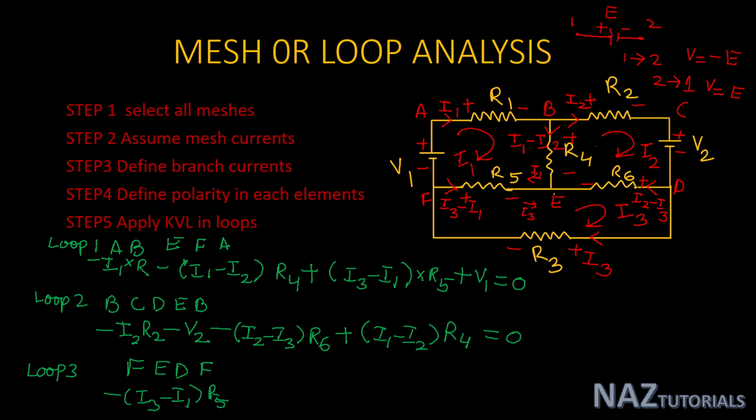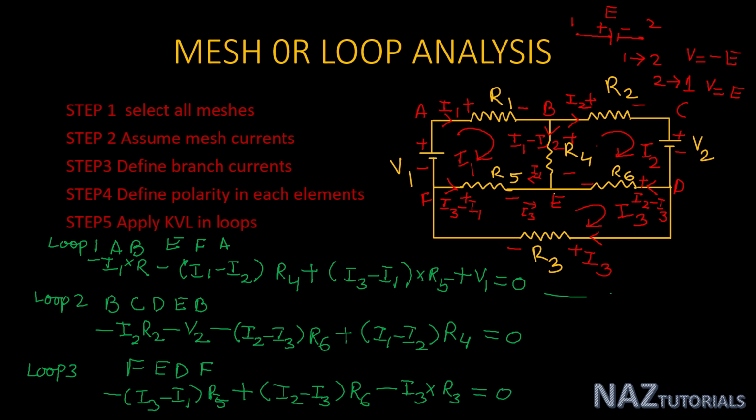The next element is R6, there is a rise in voltage, current is I2 minus I3 into R6. Our next element is R3. For D to F, there is a fall in voltage and the current value is I3 into R3 equals 0.